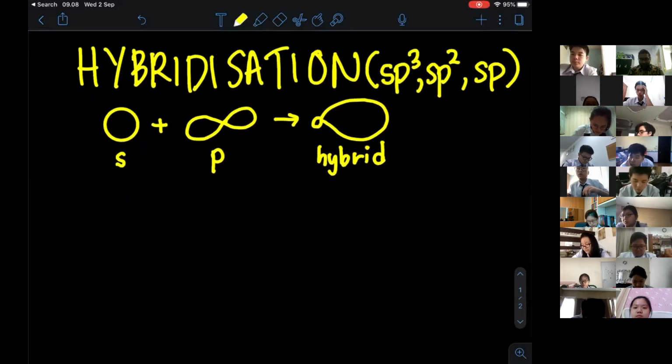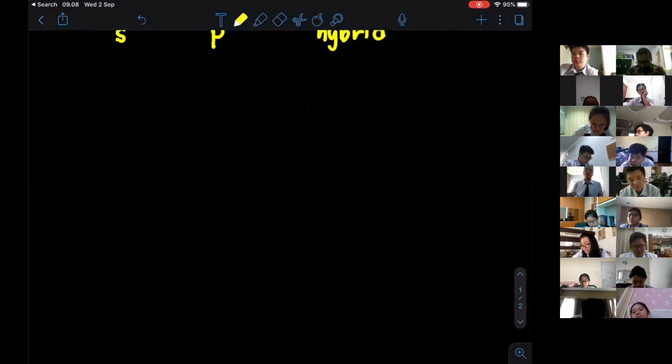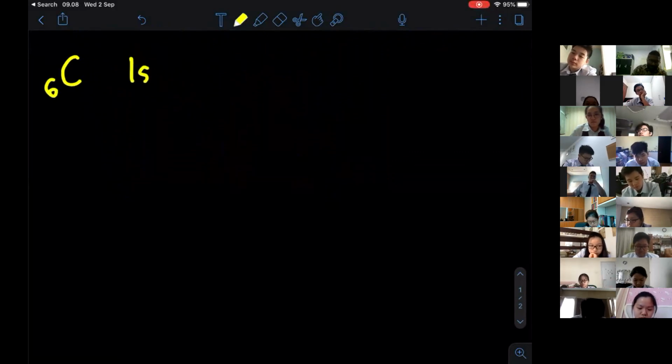All of this starts from carbon. We know that the electronic configuration for carbon is 1s2, 2s2, and 2p2.